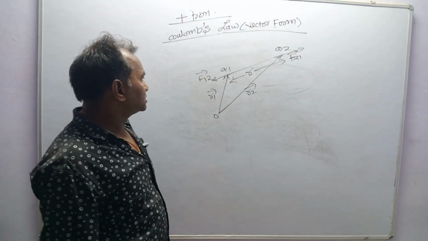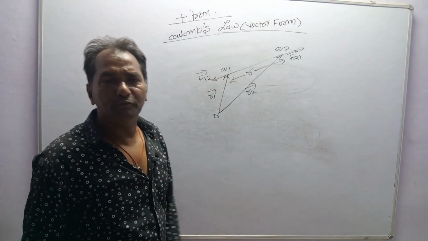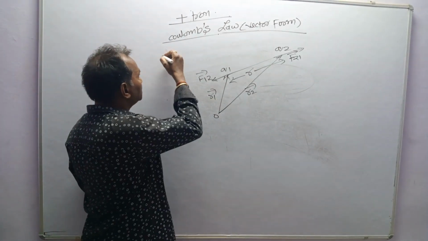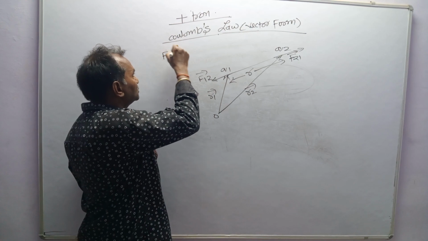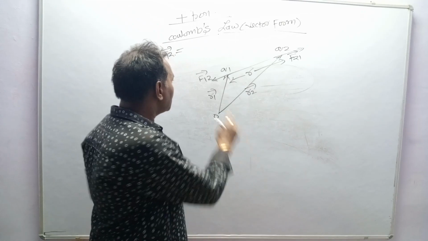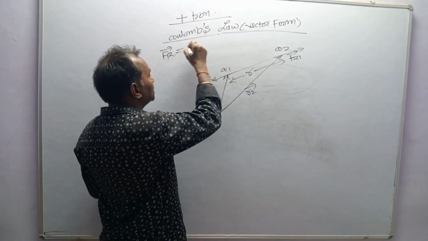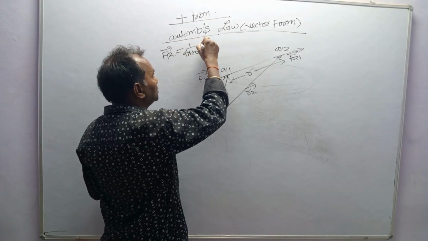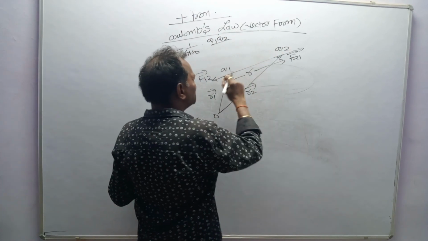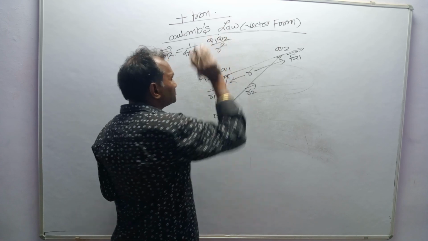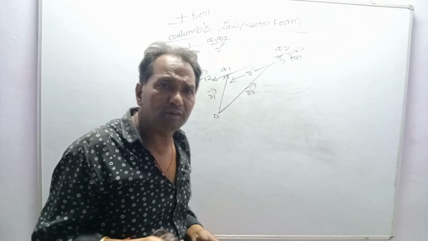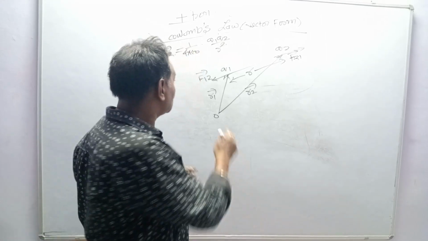Okay, dear students, we have to find out F12, the force acting on first due to second. How am I writing? Look here, F12 is equal to 1 upon 4 pi epsilon naught Q1 Q2 over r square. Now this is the magnitude of the force. Now we have to describe the direction of force.